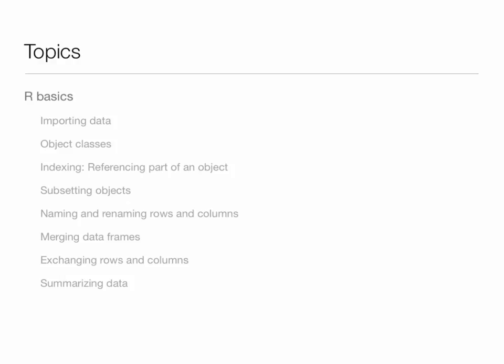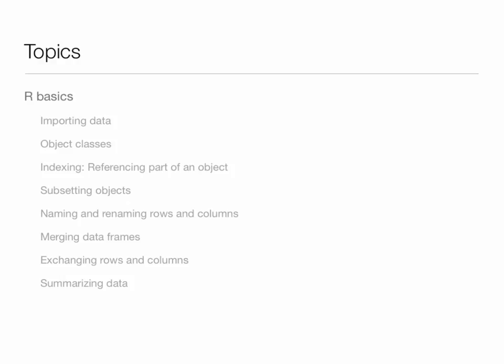We're going to talk about how to reference part of an object, how you're going to look at just one variable out of a data frame, for example, or one observation in a data frame. We'll also look at subsetting objects, pulling smaller subsets of data out of a larger data frame.